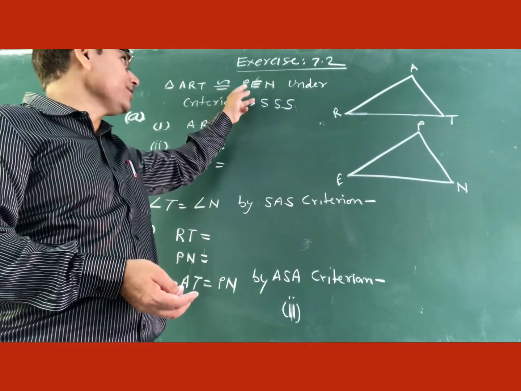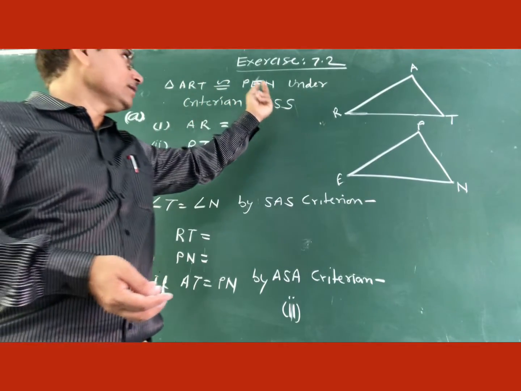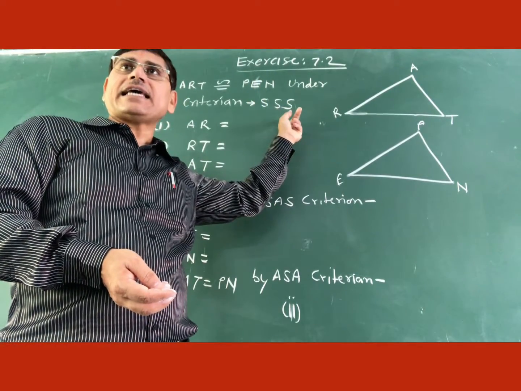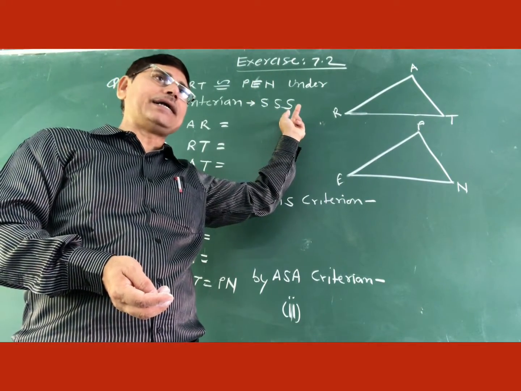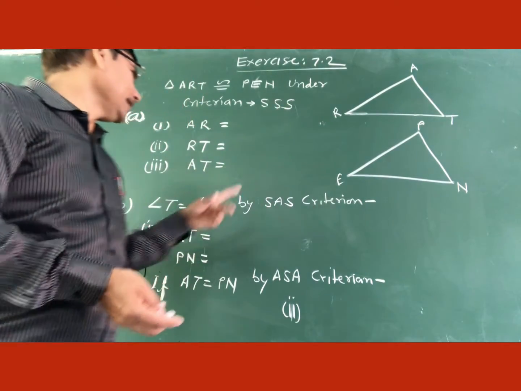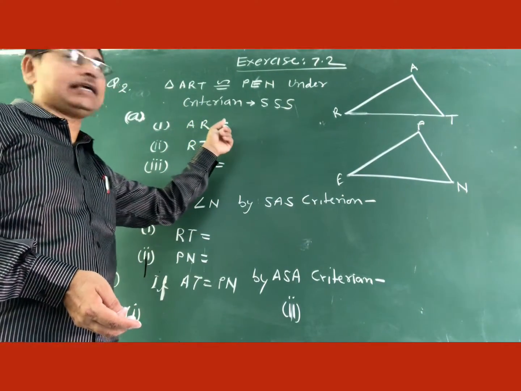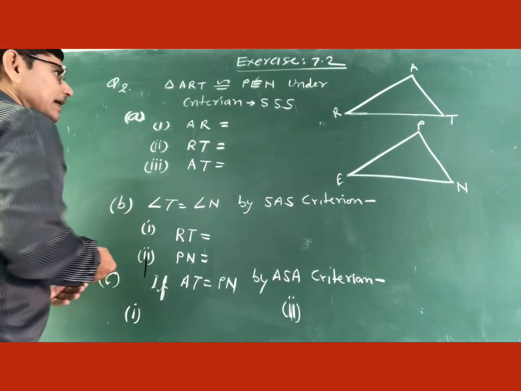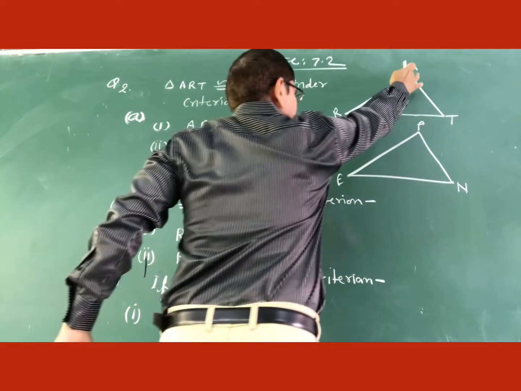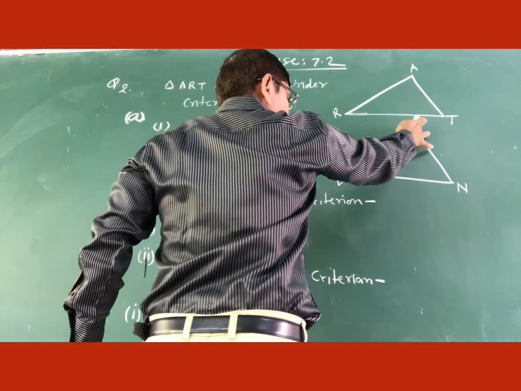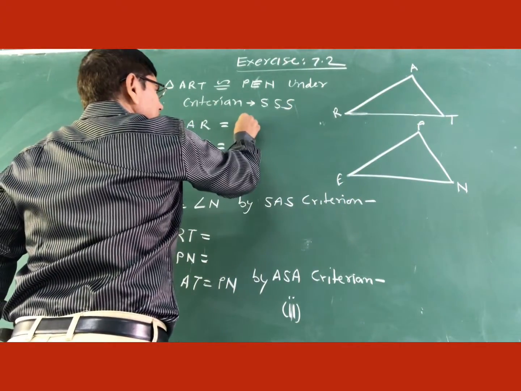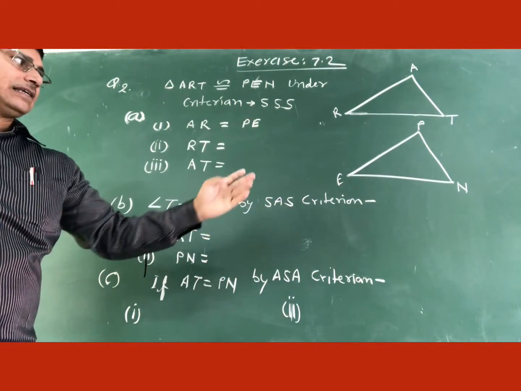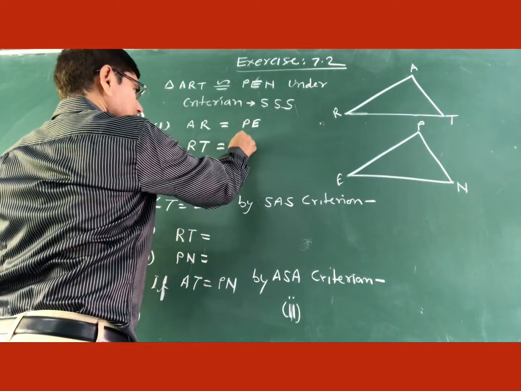So the first condition: if the two triangles are congruent under SSS, the side criterion, then what is the value of AR? AR equals PE, correct. You can see that AR, so you can say P and E, that is PE. After that the second, RT equals EN, correct.